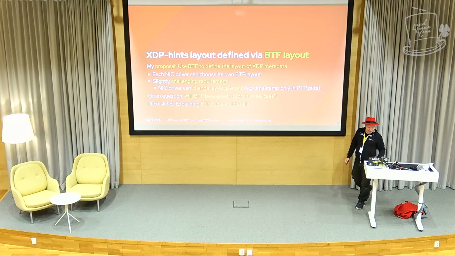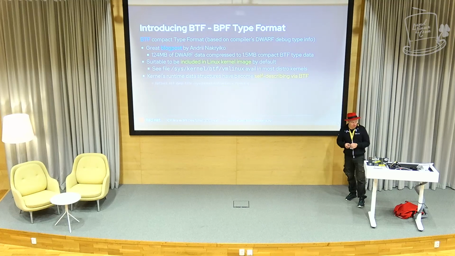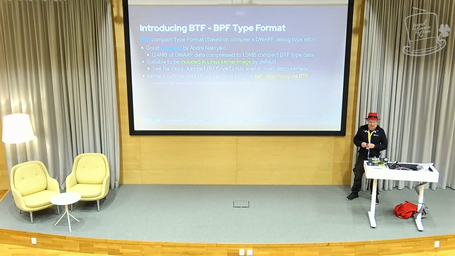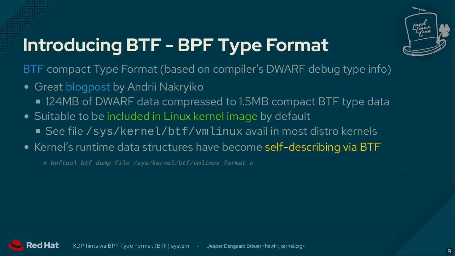I'll explain some of the technical details of BTF if you don't know what it is. It's a pretty cool feature. The kernel is basically self-describing the types in the kernel. It's a compact type format based on the compiler's DWARF debugging information that gets compressed down. The entire DWARF data was 124 megabytes in one example for a blog post, and that was compressed down to 1.5 megabytes.